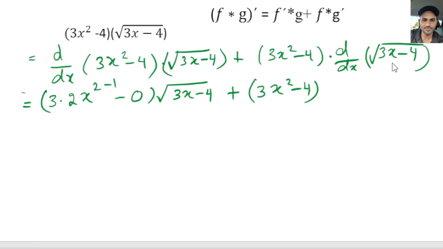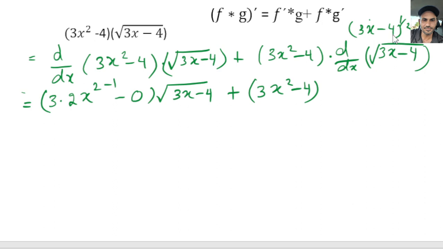Now the derivative of this inside is going to be a little bit tricky because we have a square root. So the square root itself has an exponent of 1/2. So I'm going to write it as 3x minus 4 to the 1/2. This is basically what the square root means.